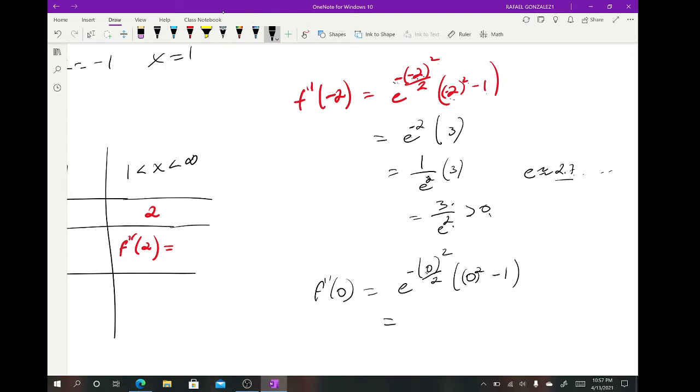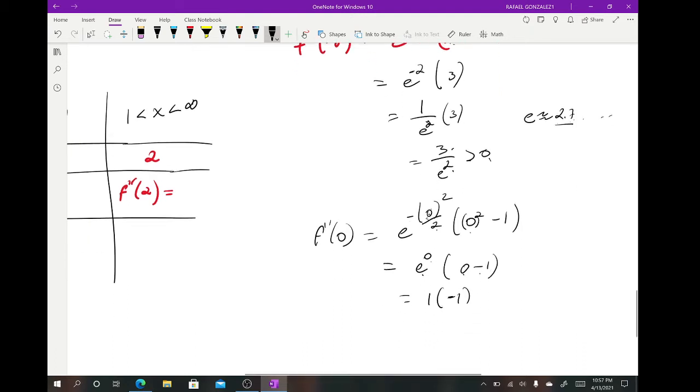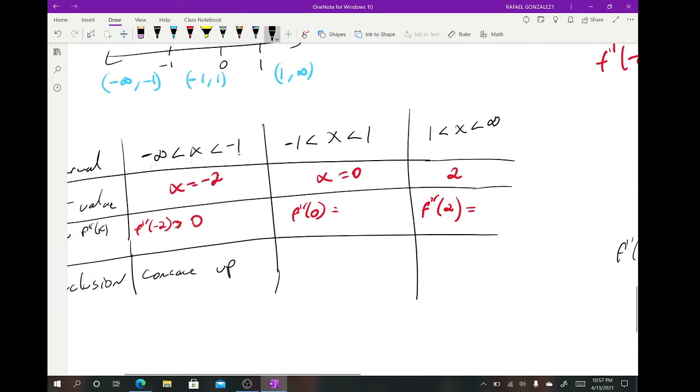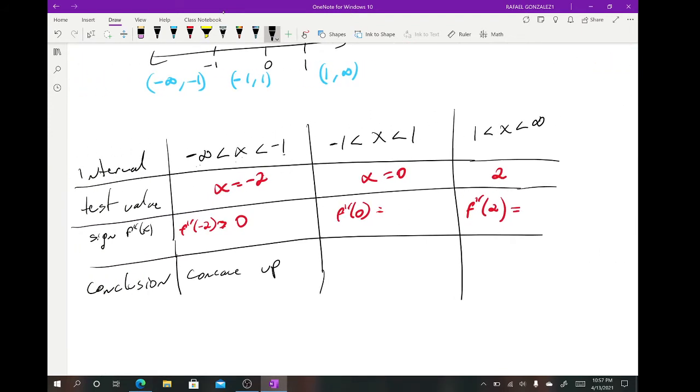Well, 0 squared is 0, 0 times minus 1 is 0, 0 divided by 2 is 0, so we have e to the 0 here. 0 squared is 0, so we have 0 minus 1. e to the 0 is 1, and 1 times minus 1 is minus 1. So this is certainly less than 0, so we say that this is concave down.